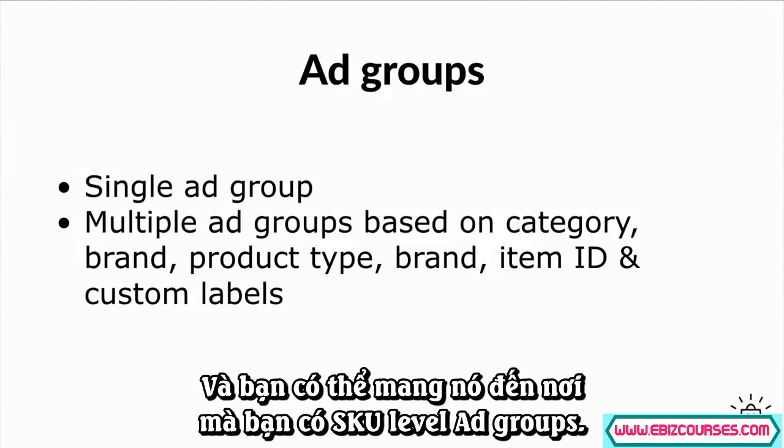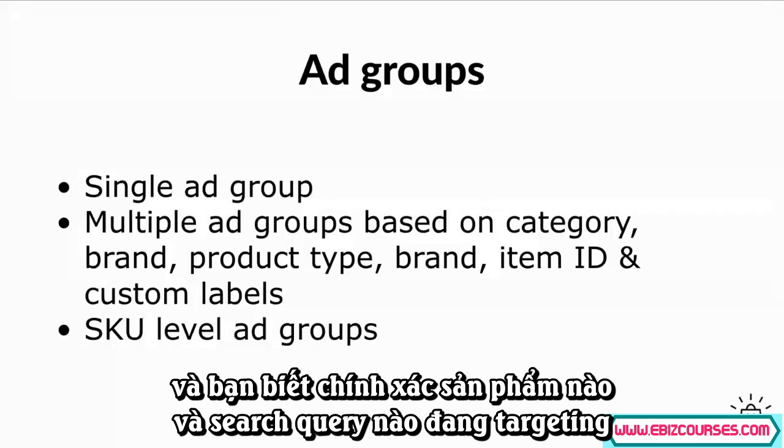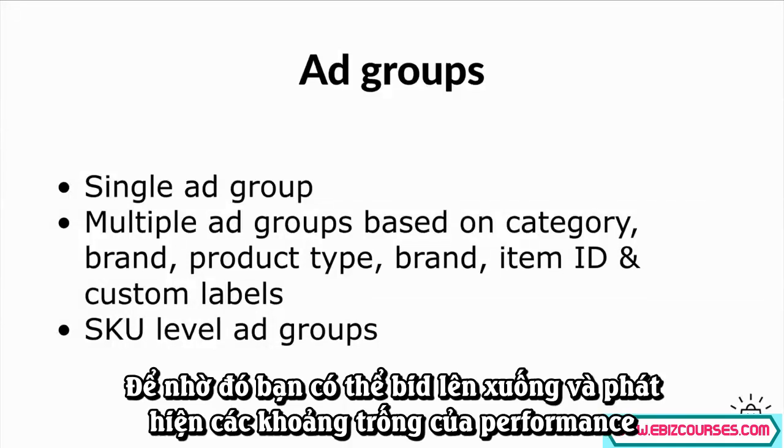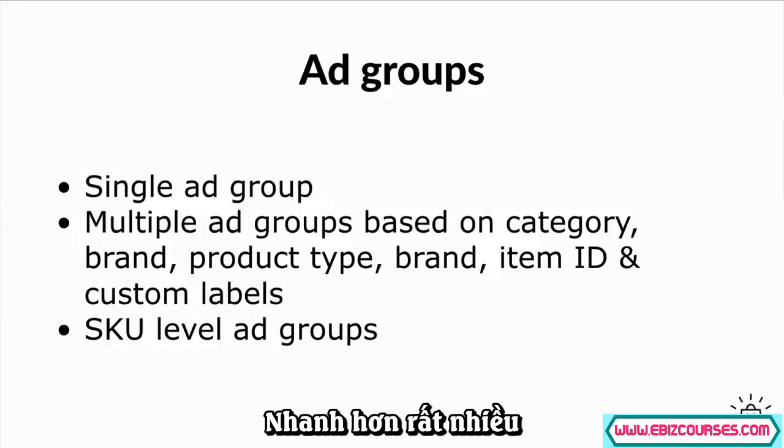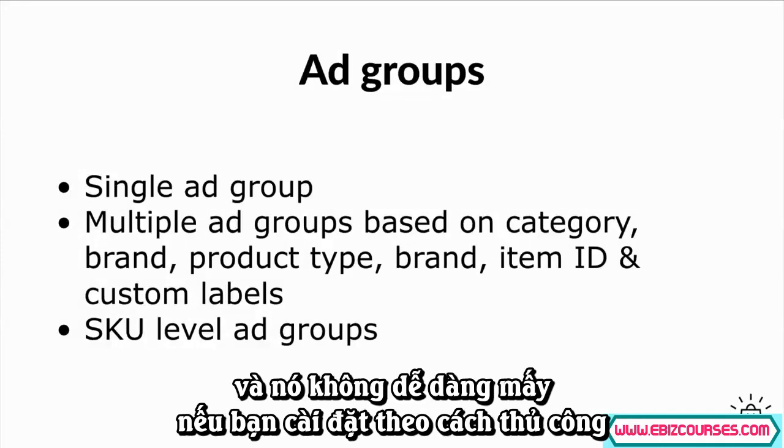And you can take it to the other extreme, where you have SKU level ad groups, a single ad group for each product, and there you know exactly which product is targeting which search queries. So you can bid up and down based on that and spot performance gaps a lot more quickly. But as I said, this is already a pretty advanced one, and it's not so easy if you're setting this up manually.